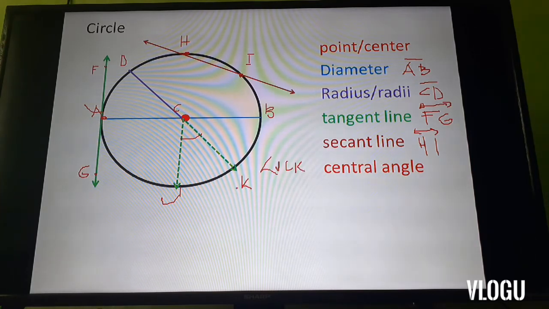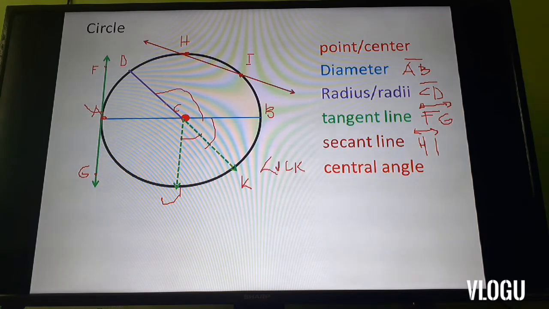Pero on that figure, hindi lamang po isang central angle. For as long as there are angles na nagmumula sa center ng circle, pwede po natin silang tawaging central angle. Halimbawa, angle BCK is also a central angle. Angle DCB is also a central angle.